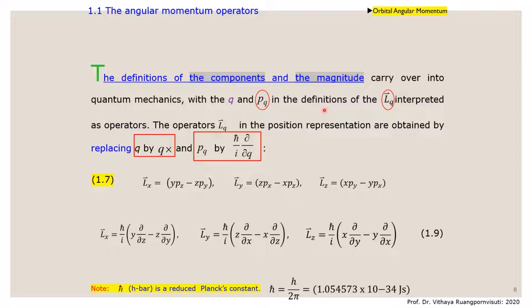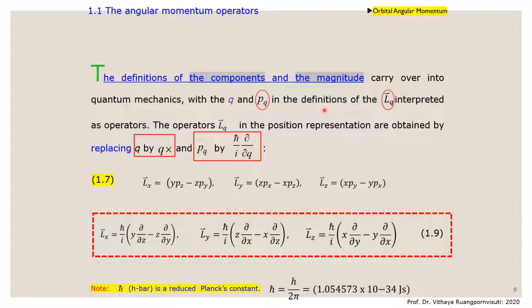In equation 1.7, we can then get the new equation 1.9. h bar is a symbol for the reduced Planck constant.